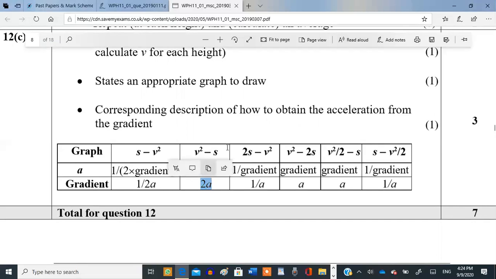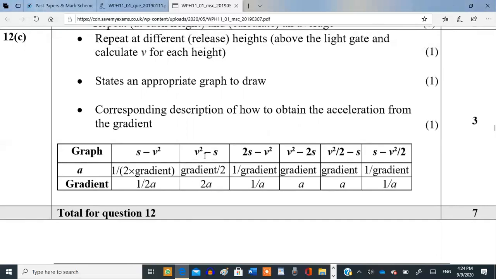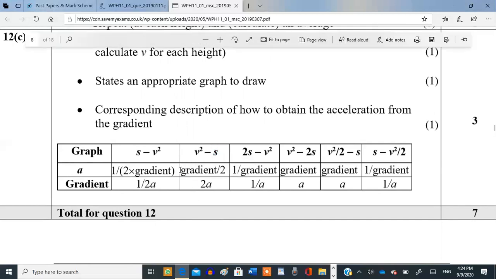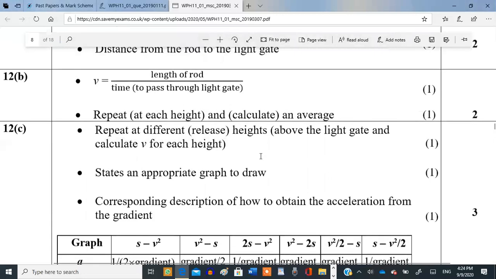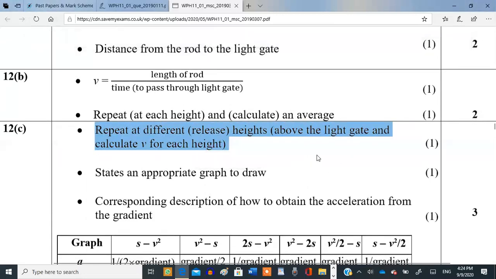So we actually got all the points: v squared against s, how to calculate the gradient, and taking different heights with their corresponding v values.